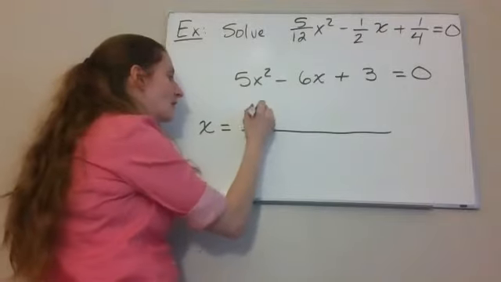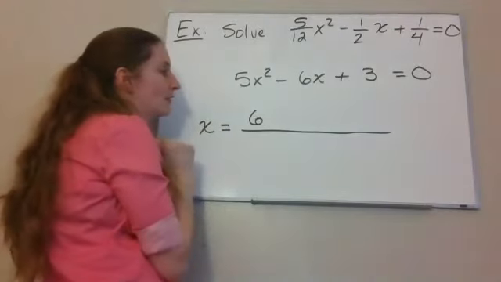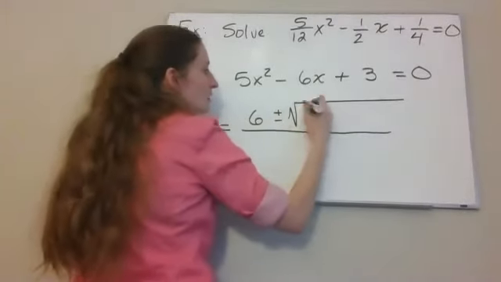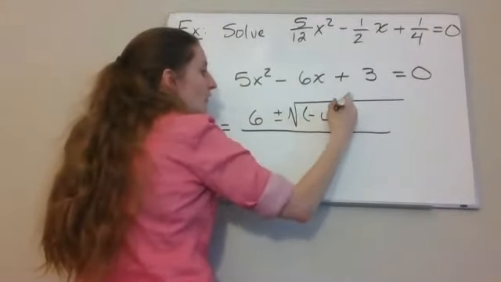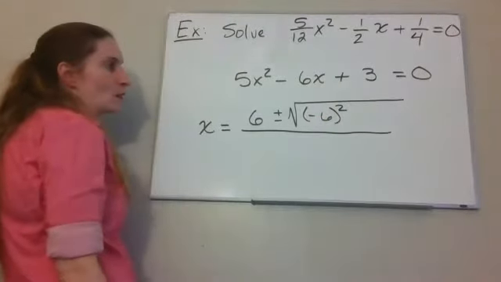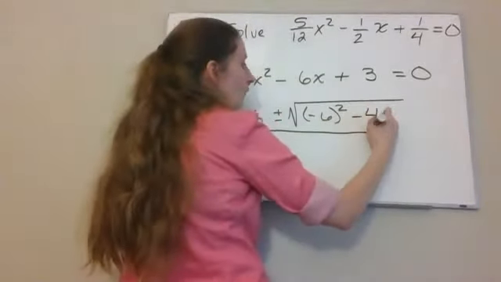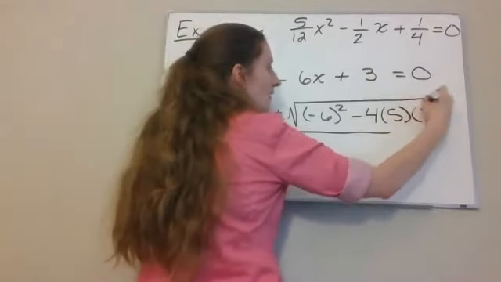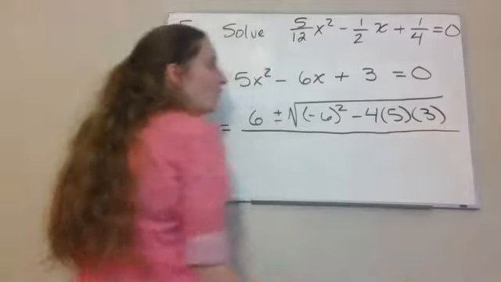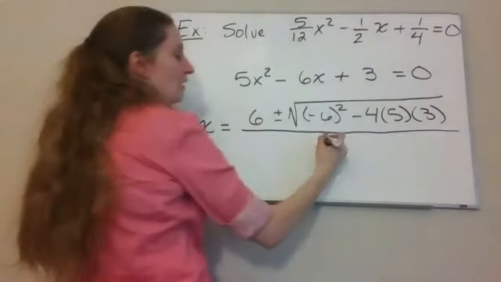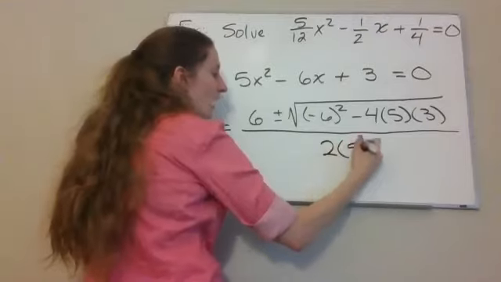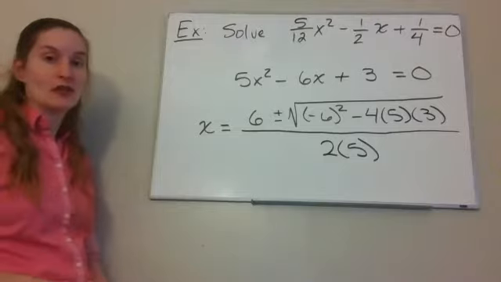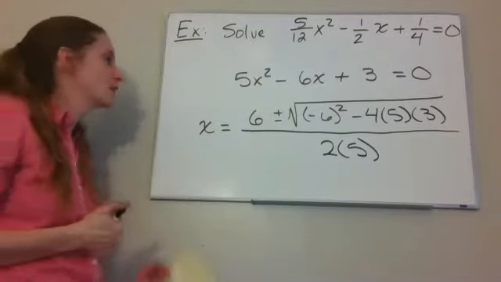Now, plugging these into the formula, I need the opposite of b. So b is negative 6, opposite of b would be positive 6, plus or minus the square root of b squared, so negative 6 squared, minus 4 times a times c. So that's minus 4 times 5 times 3, all divided by 2a, 2 times 5. And all I have to do to get my solutions is just simplify this mess.